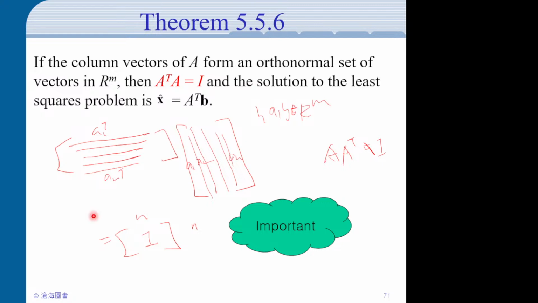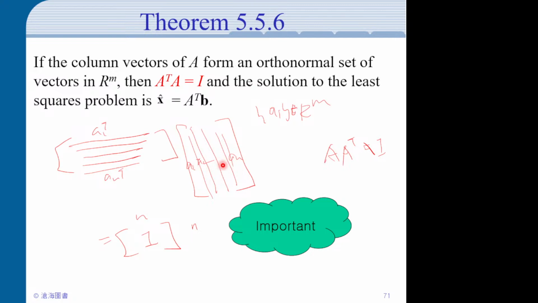The thing is that we have n vectors in Rᵐ that are orthonormal to each other, and by orthogonality they are also linearly independent, but they are still not a basis for Rᵐ. If you want A to be invertible, then you want all the columns to be a basis for Rᵐ.